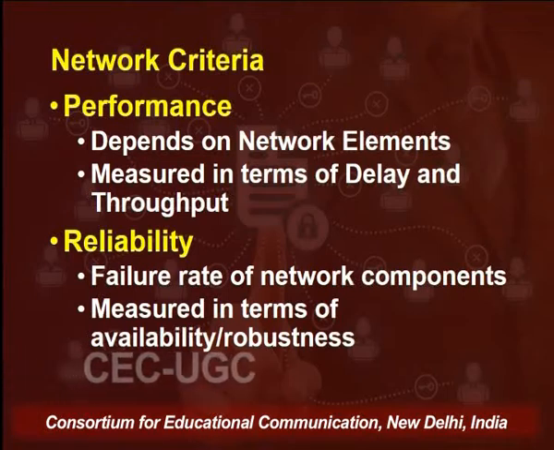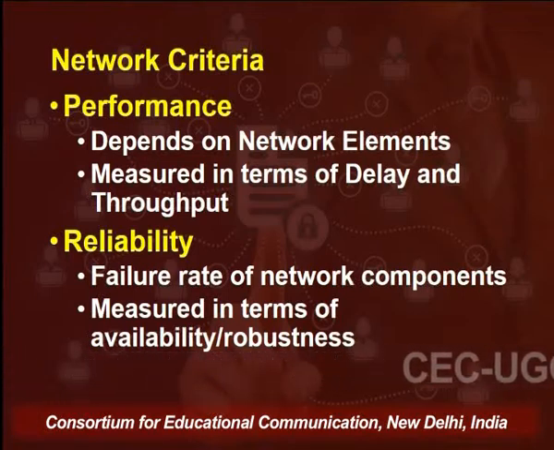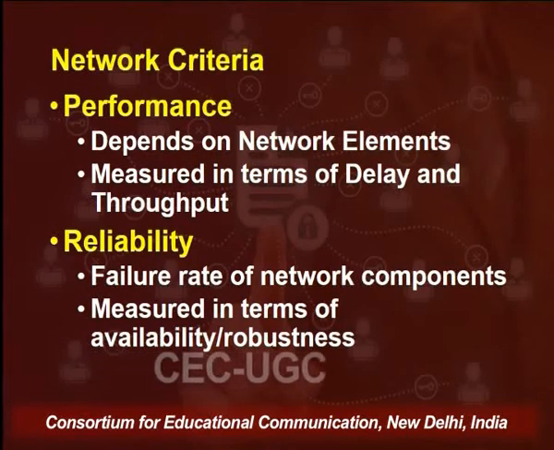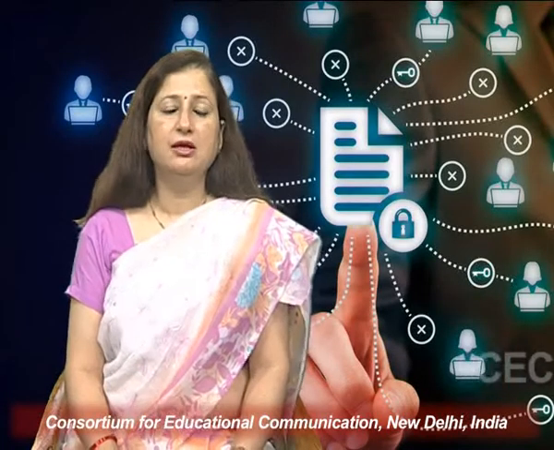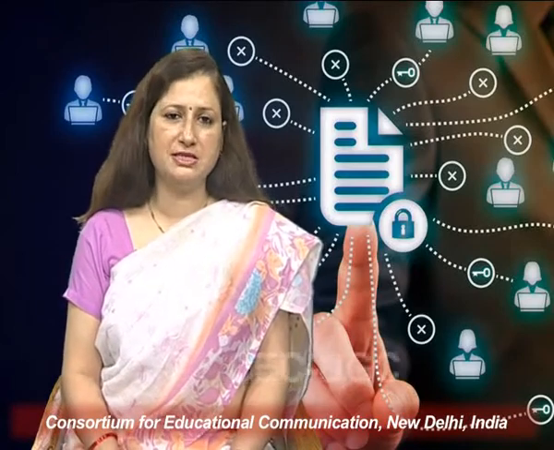The next criterion which is very important to evaluate a network is its reliability. How often do the network components fail? The rate of failure is very important. Network reliability is also measured in terms of availability and robustness.